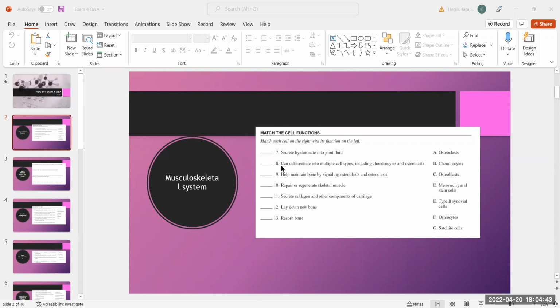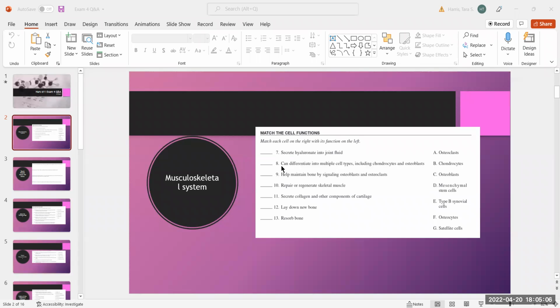So chondrocytes, they are cellular components as well. And the main function of those are to secrete collagen and other components of cartilage to the cells. Now, osteoblasts, in contrast to osteoclasts, simply help to lay down new bone.